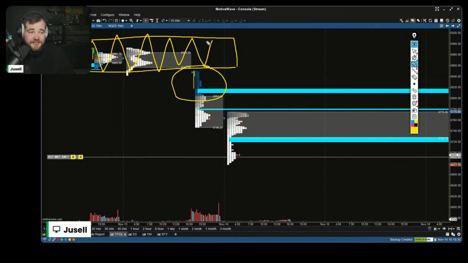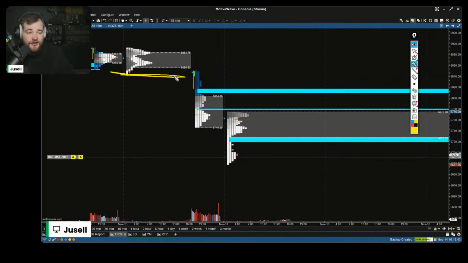And what acceptance means is that we had sellers here thinking that, hey, prices are too high, and we had buyers here thinking that, hey, prices are too low. But now, yesterday, that changed, and there was no buyers here anymore at this level. So sellers took the price down, and we are now discovering new value somewhere where sellers and buyers are agreeing that, hey, price is too high and price is too low inside of a tighter range. But right now we're just searching for new value in the market.